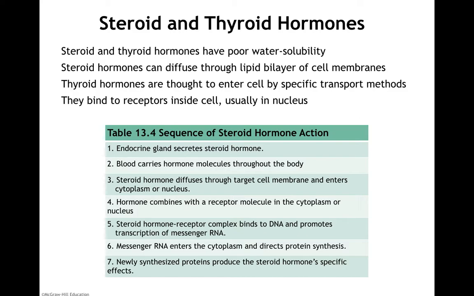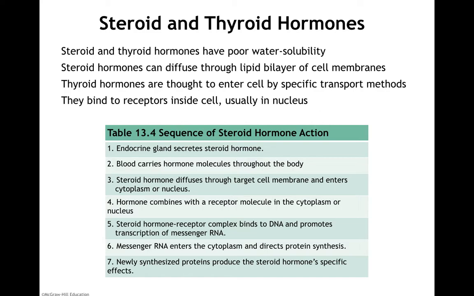So for steroid hormone action, an endocrine gland would release that steroid hormone, the blood would take it throughout the body, it would diffuse through target cell membranes, enter the cytoplasm or nucleus, and then the hormone would combine with a receptor molecule in the cytoplasm or nucleus.